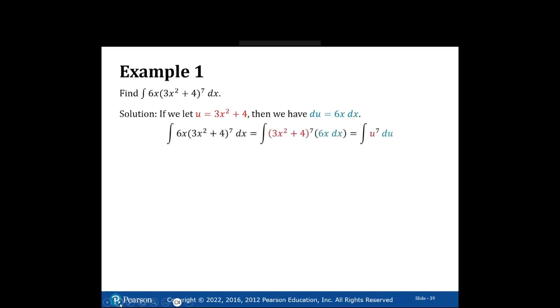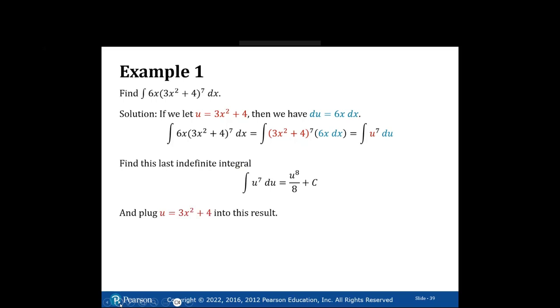So now I'm going to switch everything out, and I just get that integral of u to the 7th du. And then we know that's just u to the 8th over 8 plus c, and plug back in our u. We have our final answer here.